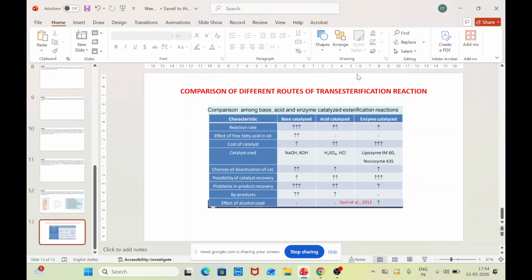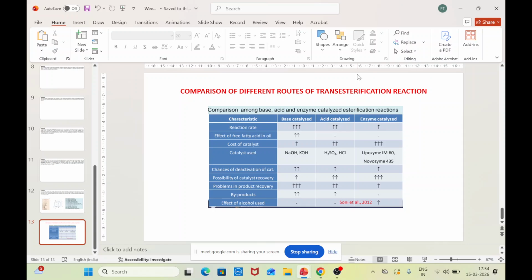That will degrade the energy density of the fuel. So overall quality of the fuel will be affected if you use base catalyst. There are more chances of that compared to acid or enzyme catalyst. This is what we discussed in the last session also.